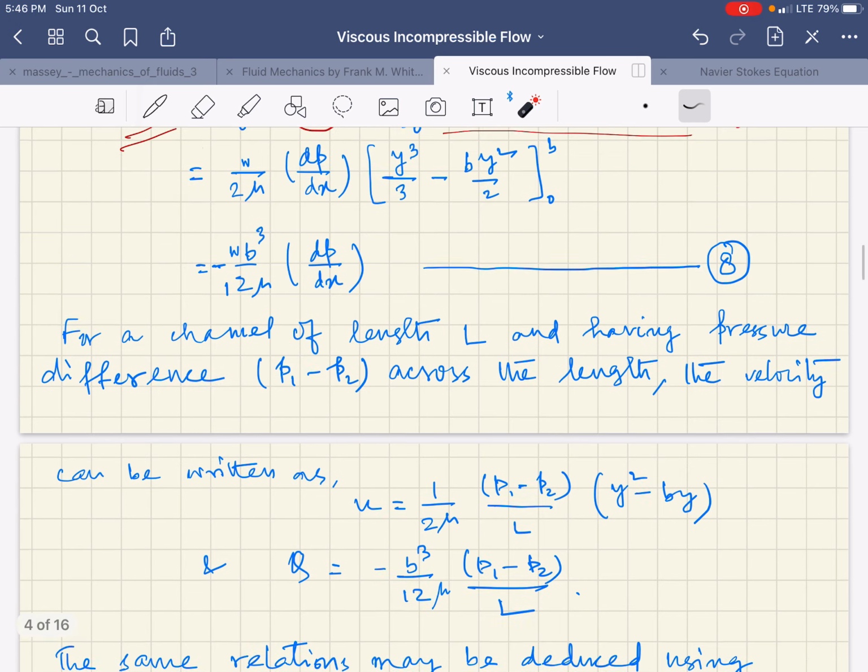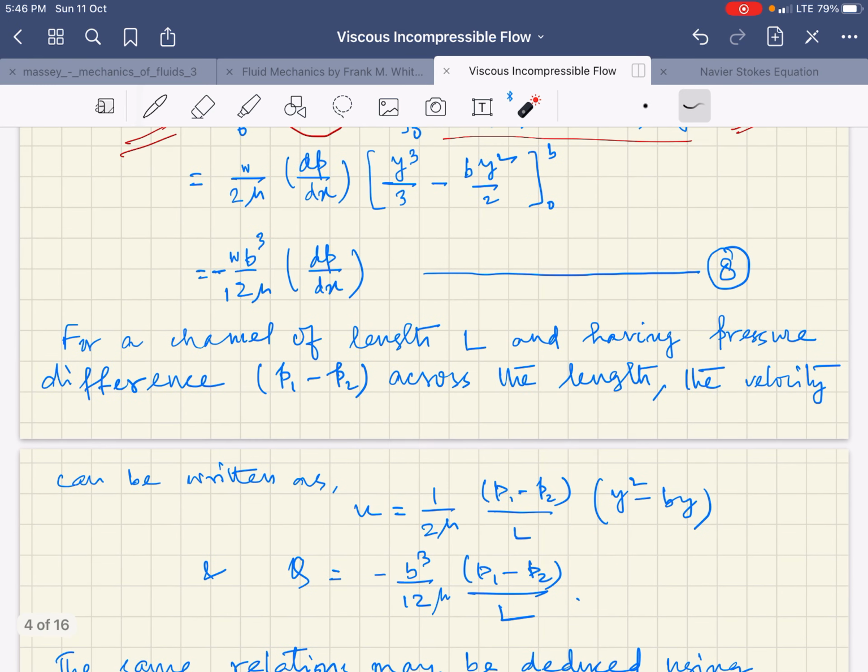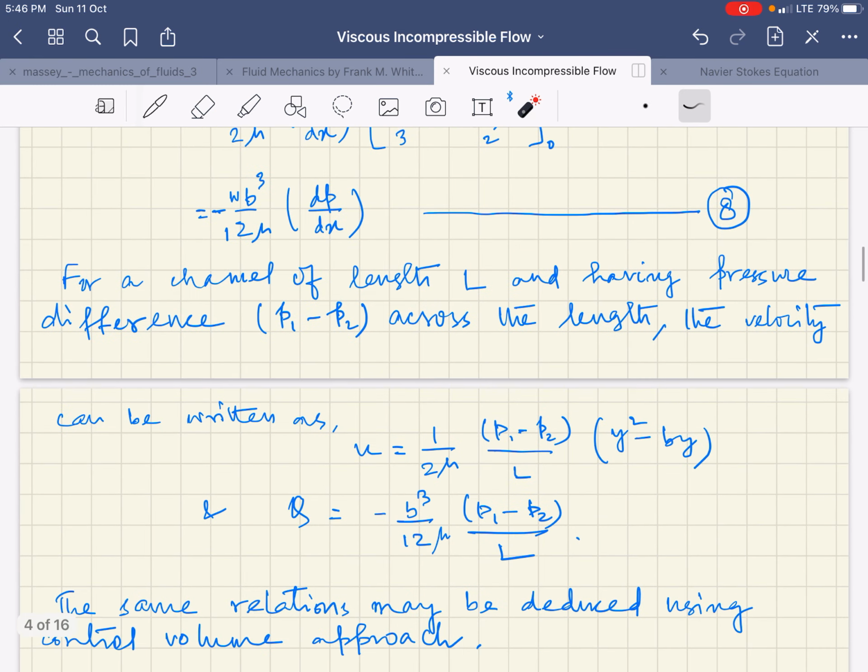So this is how we can find the discharge. Now for a channel of length L having a pressure difference P1 minus P2 across this length L, the velocity can be written like this: P1 minus P2 by L is my dp dx, and everything else remains as it is.